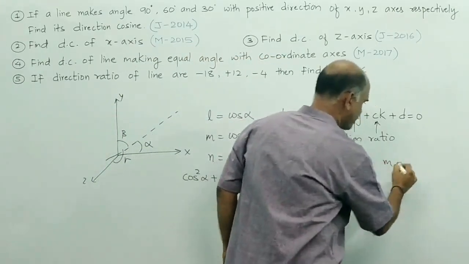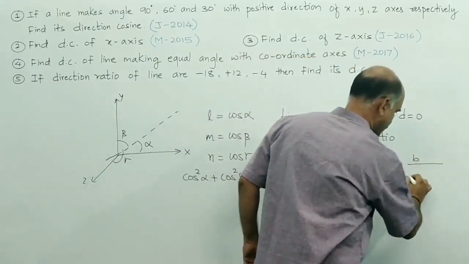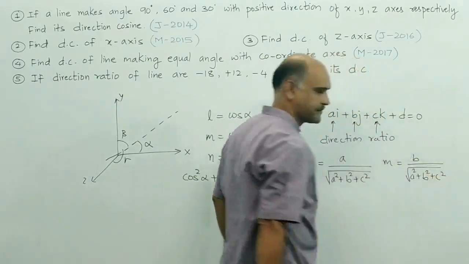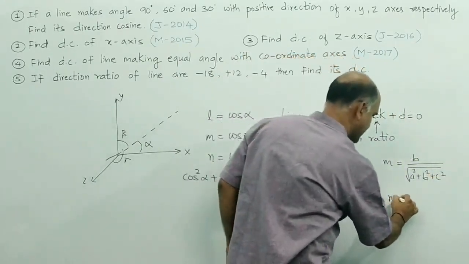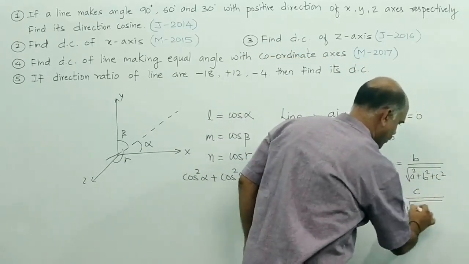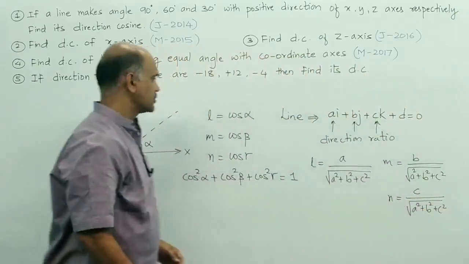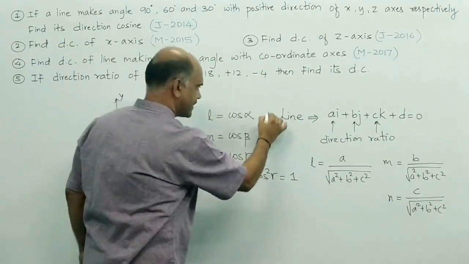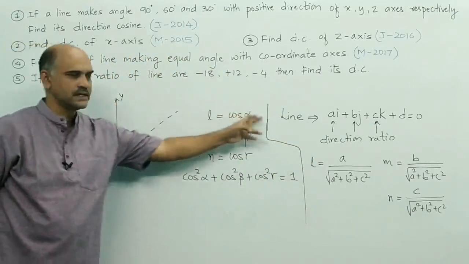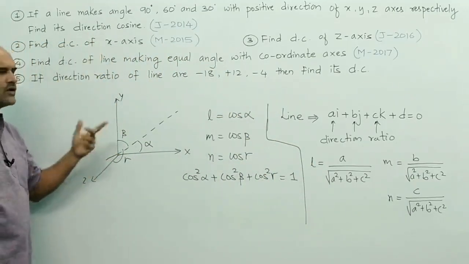Similarly, M will be equal to B divided by root of A square plus B square plus C square, and N is equal to C divided by root of A square plus B square plus C square. So whatever problems I have written are based on these 2, direction cosine and direction ratio. These will come for 1 or 2 marks.